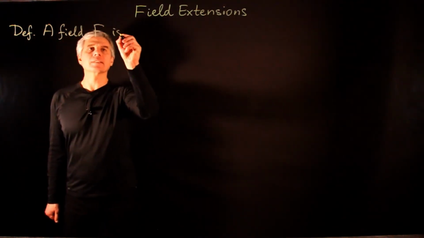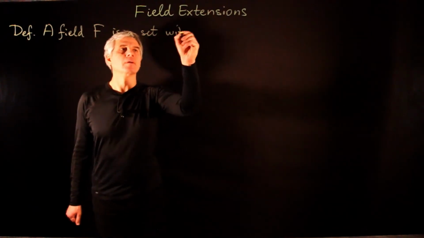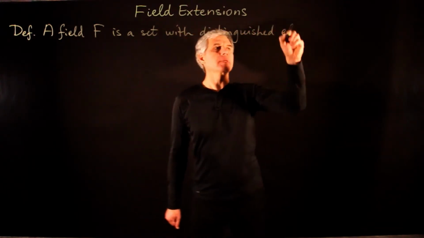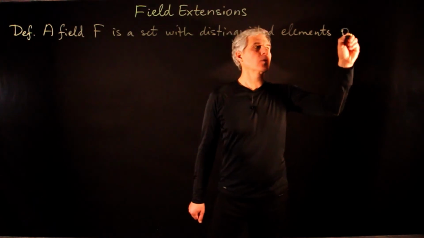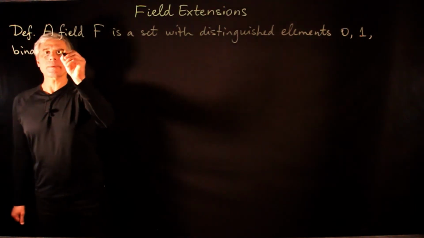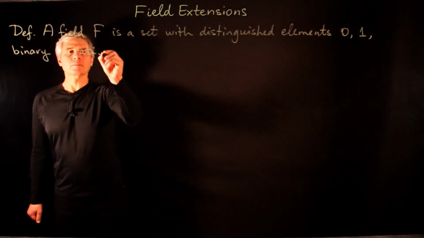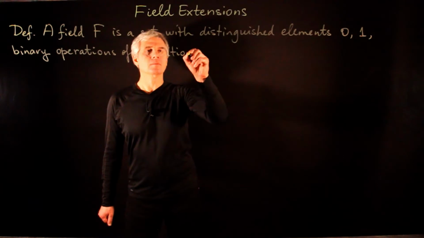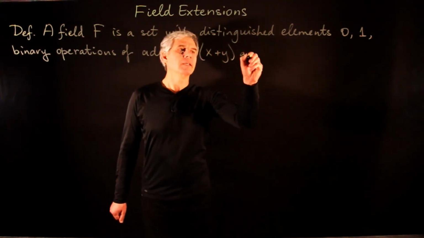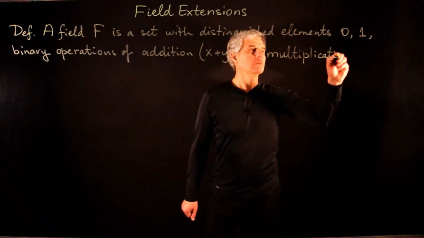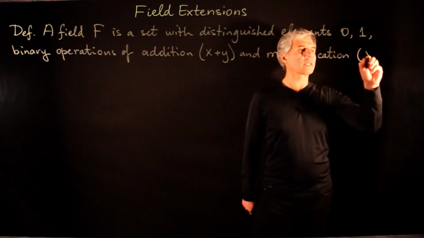A field F is a set with distinguished elements 0 and 1, binary operations of addition x plus y and multiplication x times y.